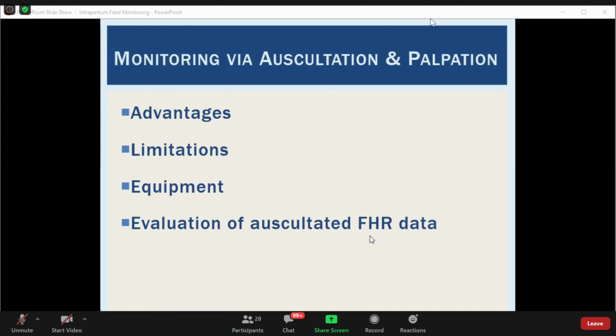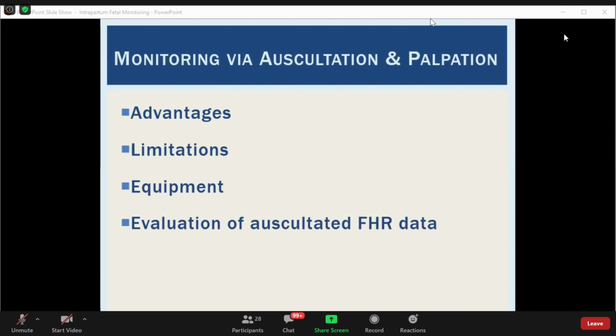All right. Now, doing this monitoring, how are we going to do it? There is manual and then there's electronic. I'm going to speak about manual very little, minimal, because we do most of our monitoring electronically.